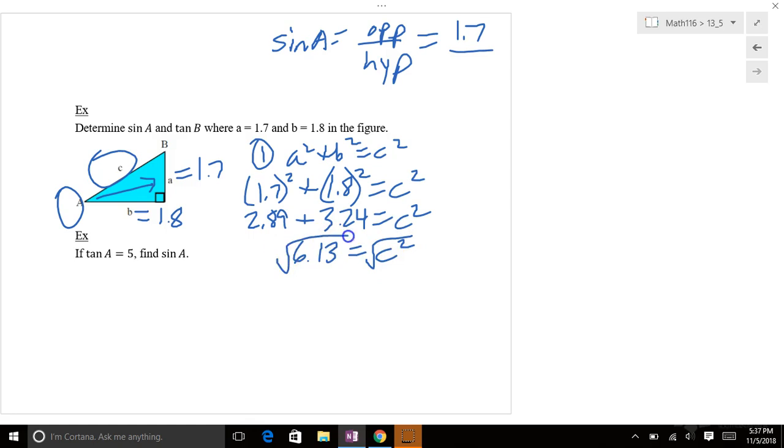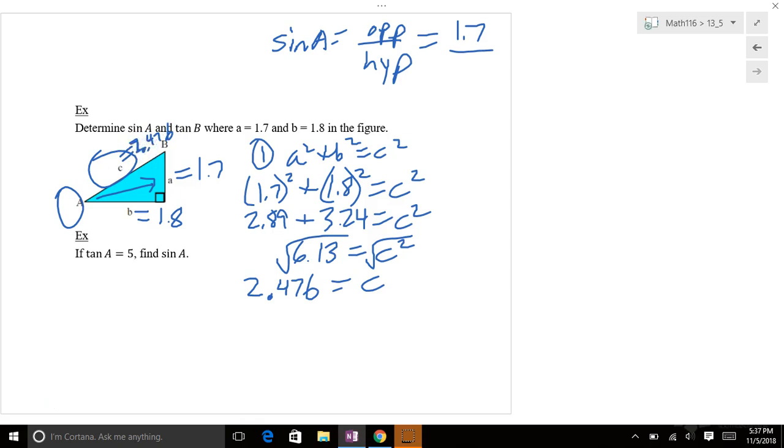And then you square root that, so your C ends up being 2.476.